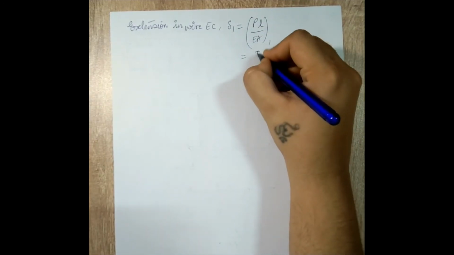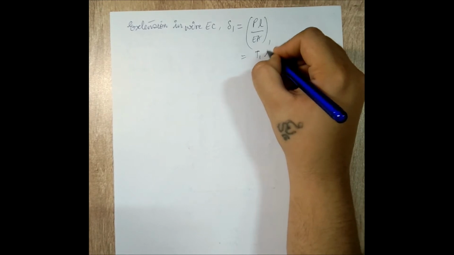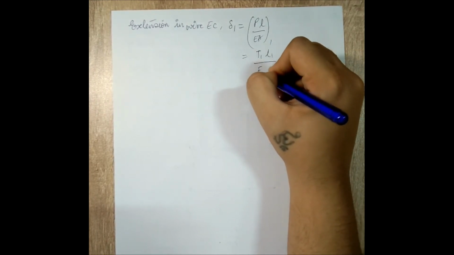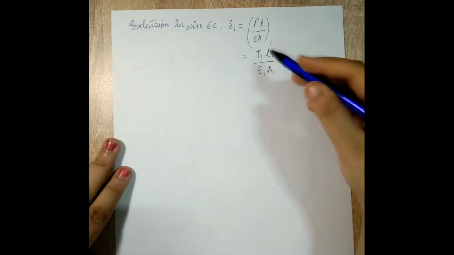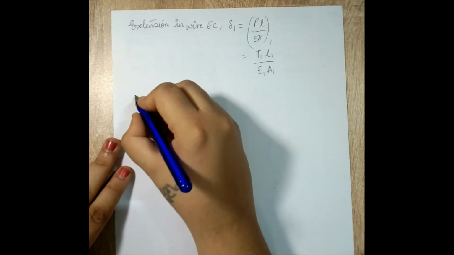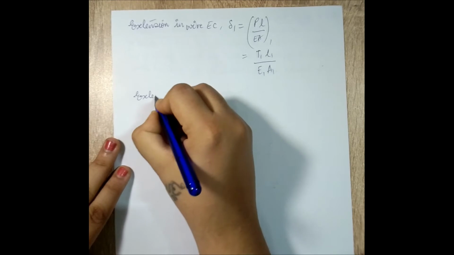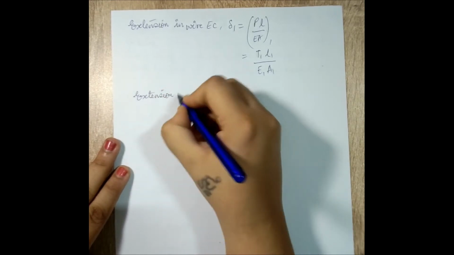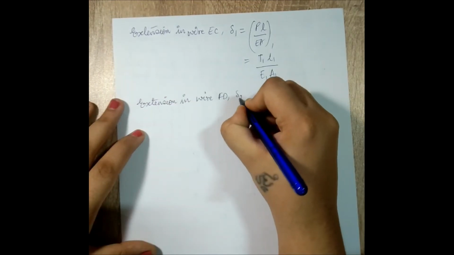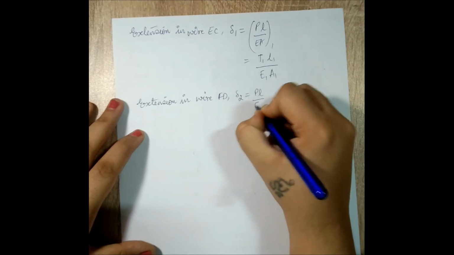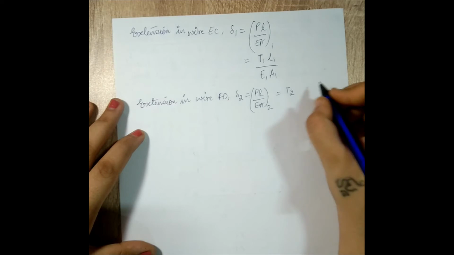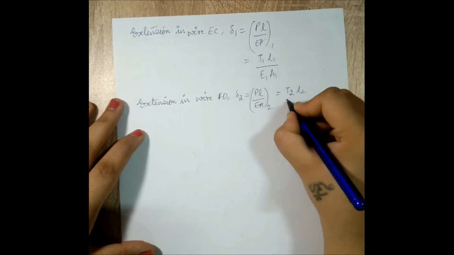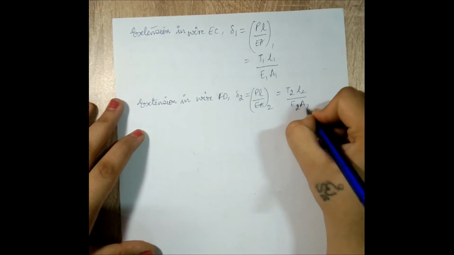Now P here stands for T1, L is L1, E is E1 and area is A1. So these are the values that I have taken. Now suppose if I have to calculate the extension in wire FD, which is delta 2, again it is PL upon EA. This is the second one. So here my T will be T2, L will be L2, E is E2 and area is A2.